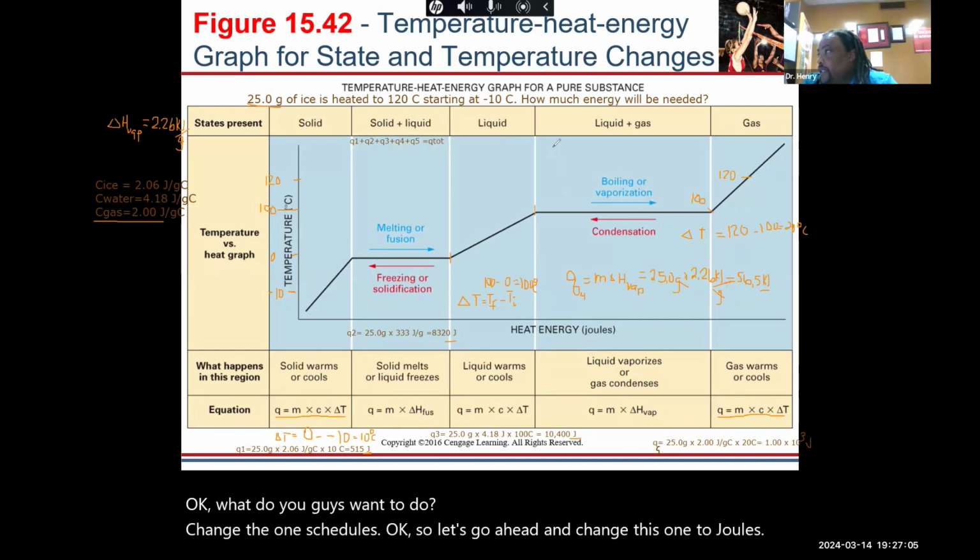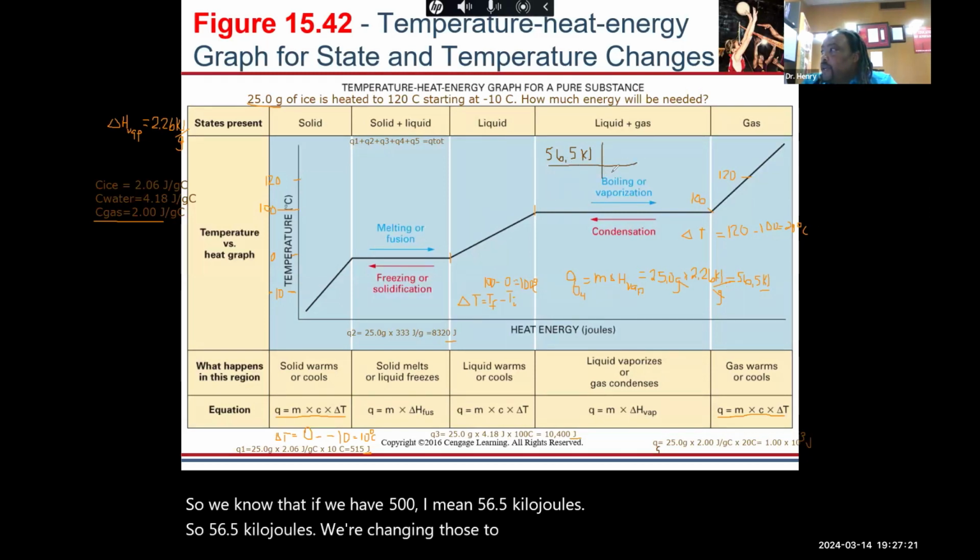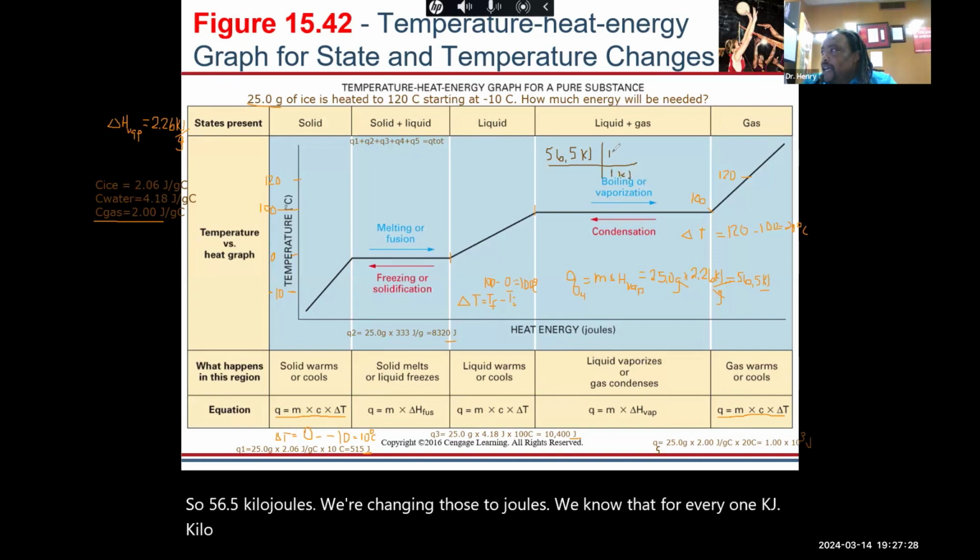So we know that if we have 56.5 kilojoules, we're changing those to joules. For every 1 kilojoule, that means we're going to have 1,000 joules.